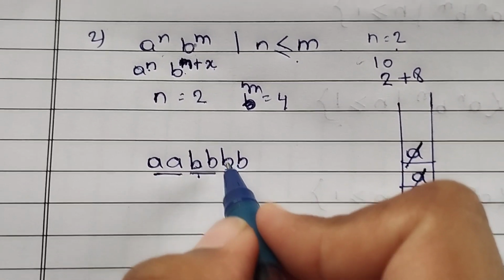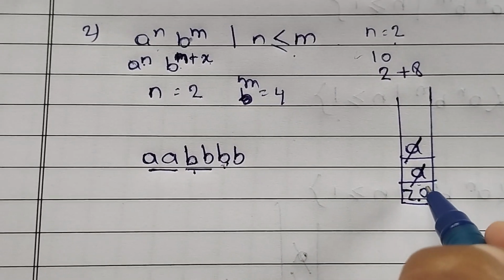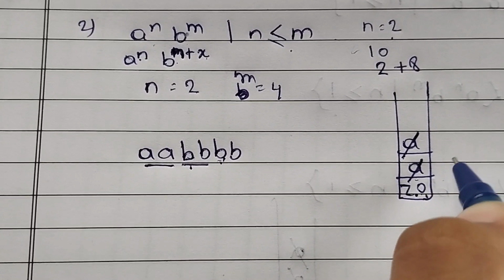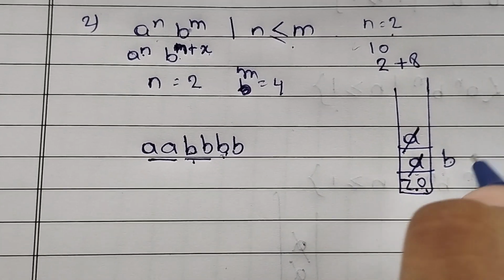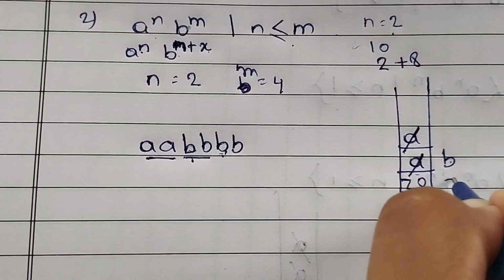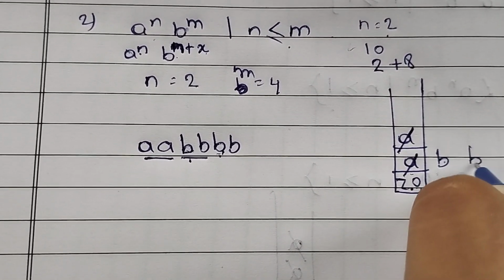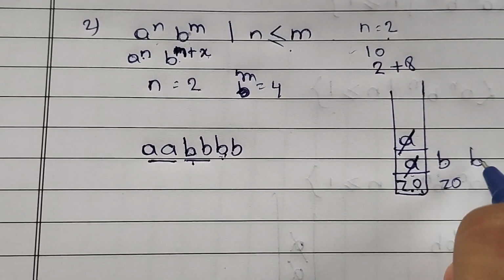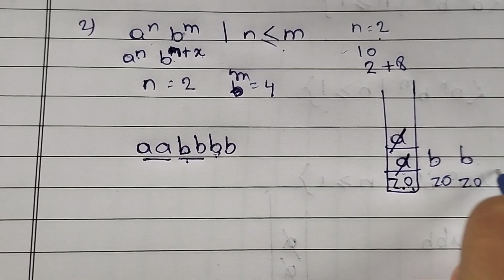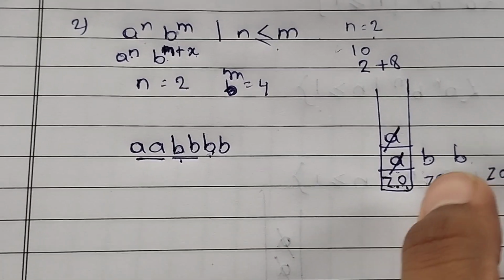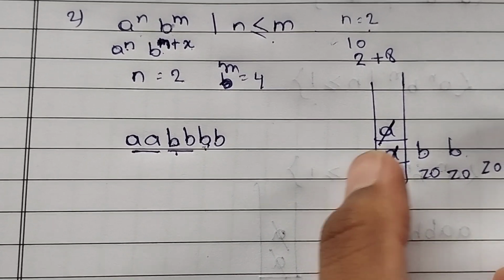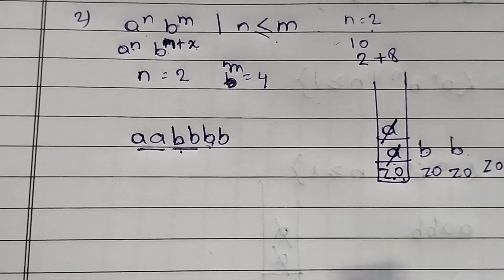So when you read this b, z0 is kept as it is. Then again you read the second b, so keep z0 as it is. So in the end only z0 is present in the stack, and we can say that we are in the final state.